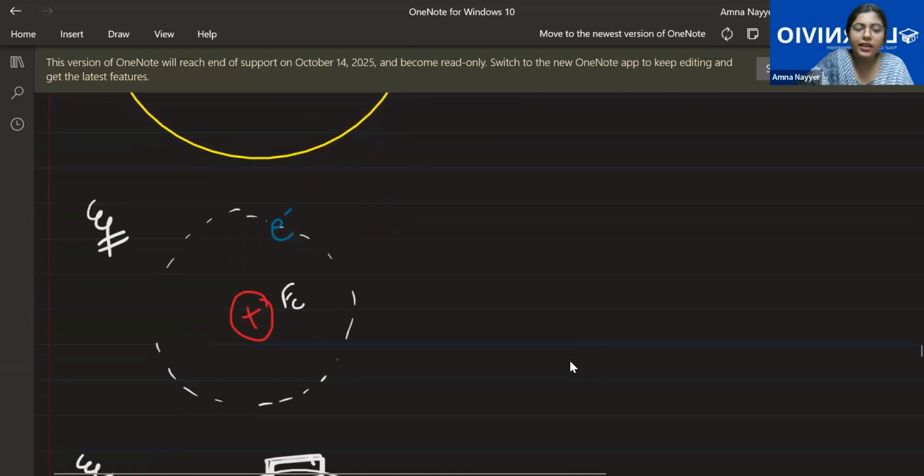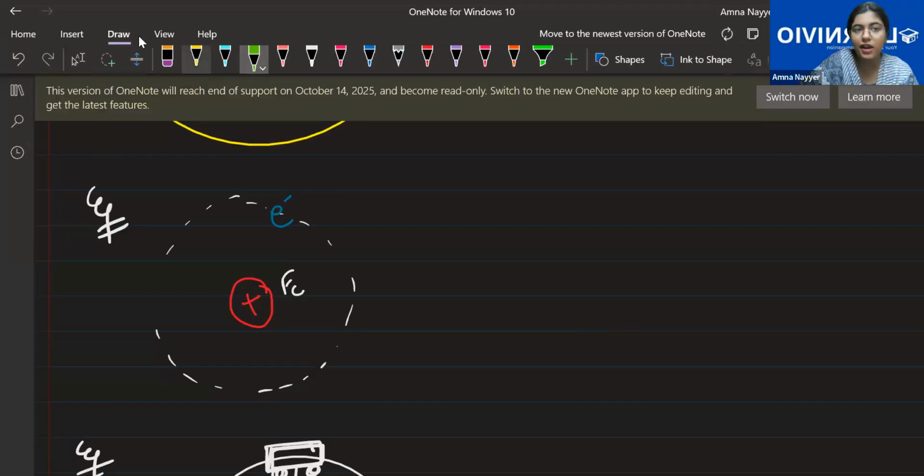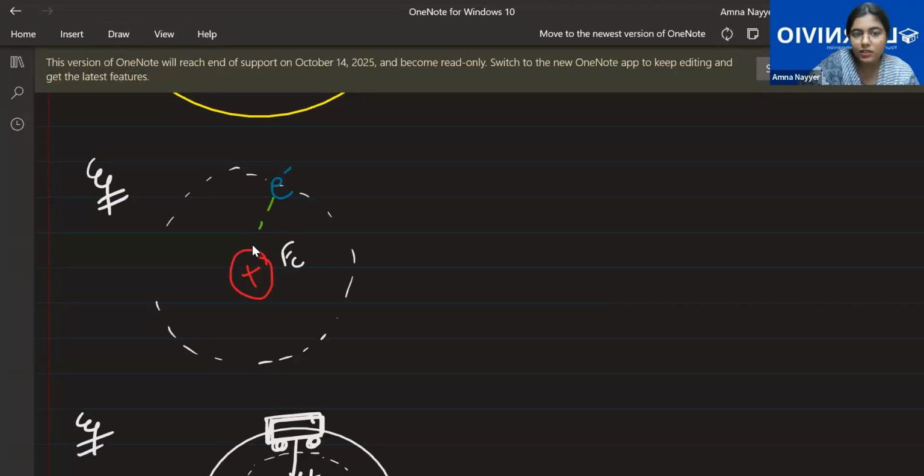Similarly, if I give you one example, this you will study in class 12. The first chapter will be this only, electrostatics, which will be very interesting. So you have the nucleus present, electrons are revolving around the nucleus. This, at least the basics you already know, especially from the chapter structure of atom. Now electrons are held to the nucleus via electrostatic forces.